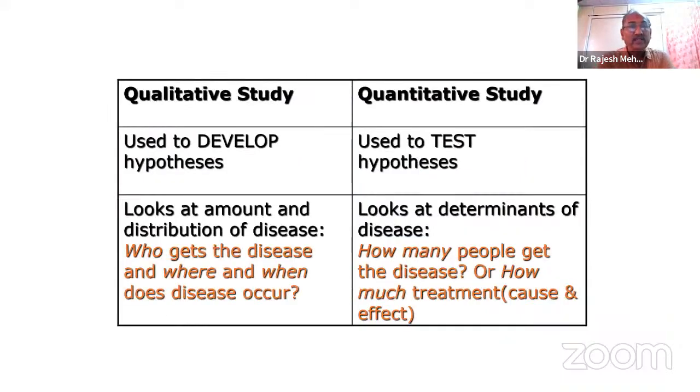Now, in a qualitative study, with time, place, and person, we develop the hypothesis, and the quantitative or analytical study, or for that matter an experimental study, is still better for testing the hypothesis. In this, the words how much, how it can happen, why it happens, we are looking at the quantitative analysis.